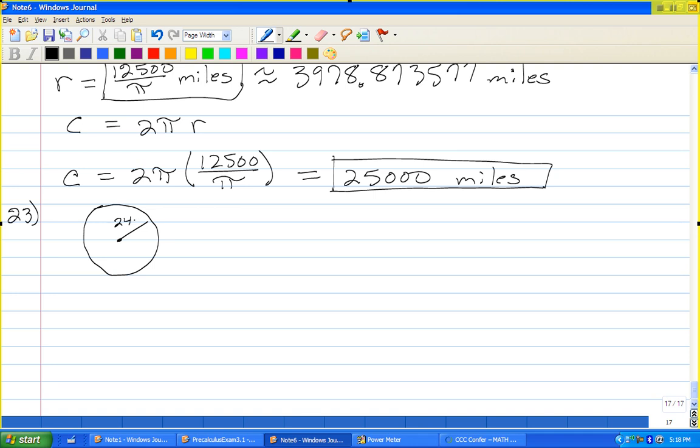So this is 24 inches. This is 48 inches. It's traveling at 50 miles per hour. So it's going at 50 miles per hour. How many revolutions per minute?